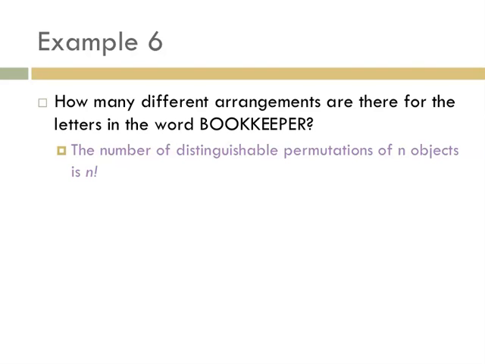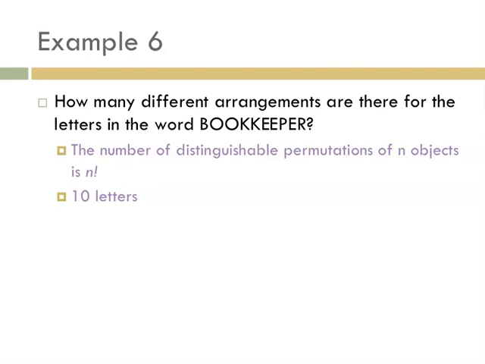But if there are any items in the sample space, in this case letters, that are not distinguishable, so for example the two O's, the two K's, the three E's, anything that repeats that you can't distinguish between, we are going to divide those out. Really what we're saying is, if you take the two O's and just swap them, it looks exactly the same. It's not distinguishable. So we want to divide out those extra arrangements that look exactly the same.